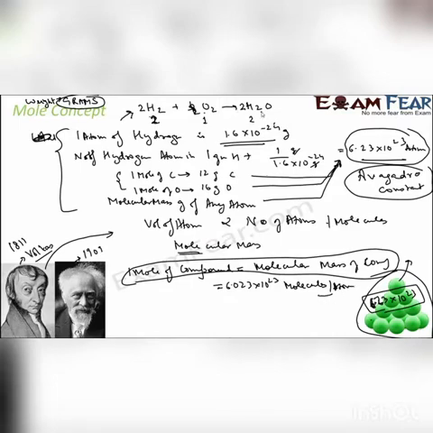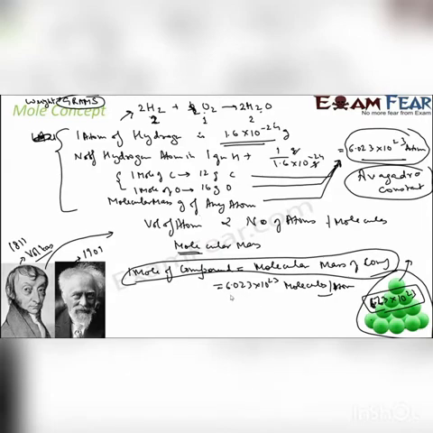When you talk about 1 mole of water, you talk about 6.023 into 10 to the power 23 molecules of water. When you talk about 1 mole of oxygen, you talk about these many atoms of oxygen. It all depends on whether we talk about molecules or atoms.